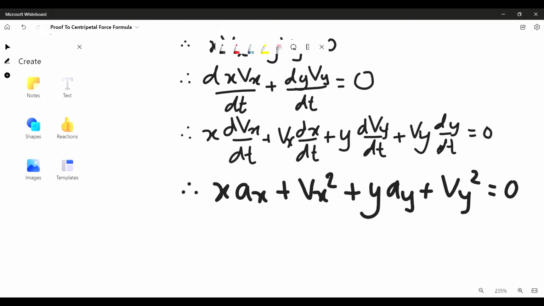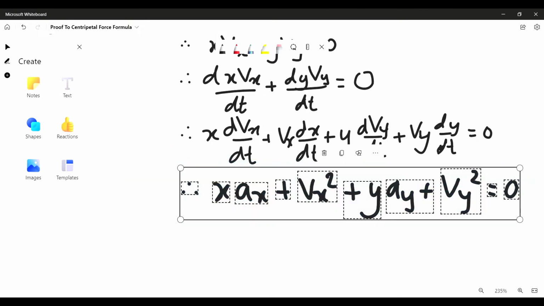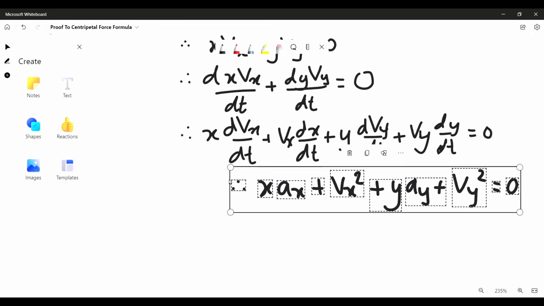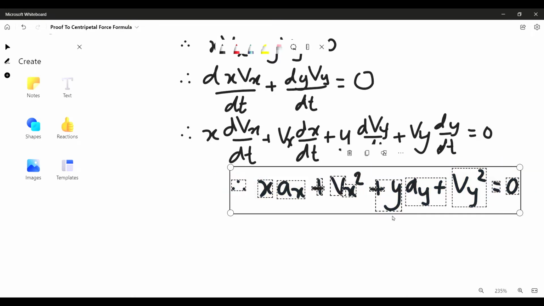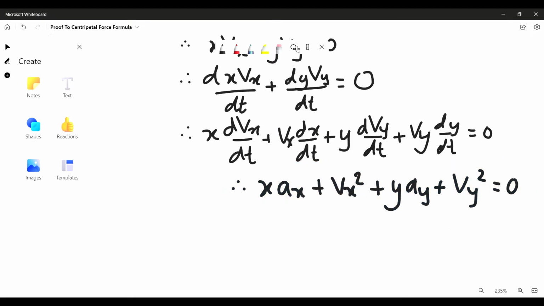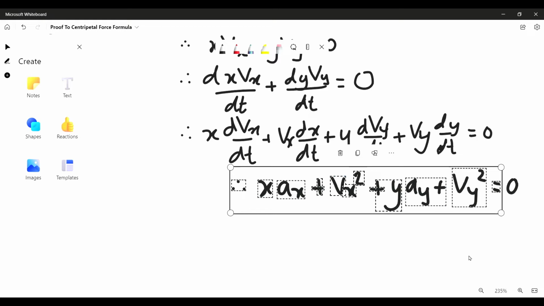And now here's the trick. This is what we have to understand from a mathematical perspective: x and y are the components of displacement.